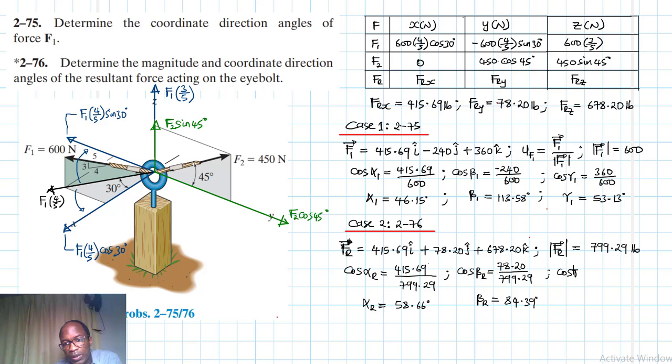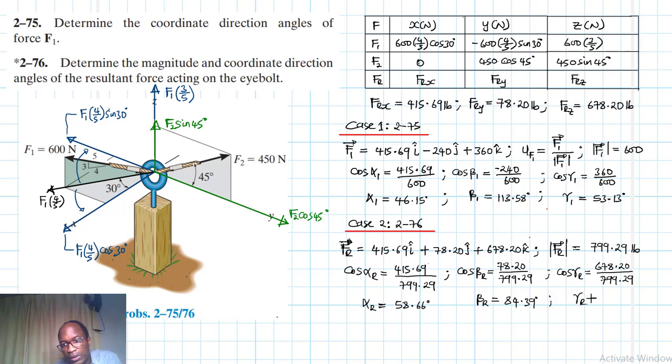So cos gamma r is just going to be equal to 678.20 divided by 799.29.